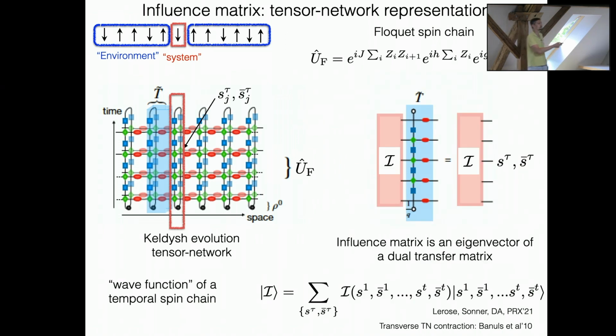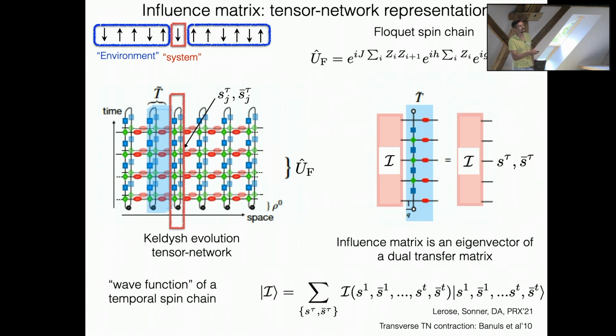And you see pictorially, it's quite easy to see that one way to accomplish that is to note that you can trace out all the degrees of freedom up to here by applying this large operator, the dual transfer matrix, which is just one slice of the tensor network. With legs, there would be 4 to the power of the evolution time dimensional space where it is acting, right? So, and that would give you exactly the influence functional.